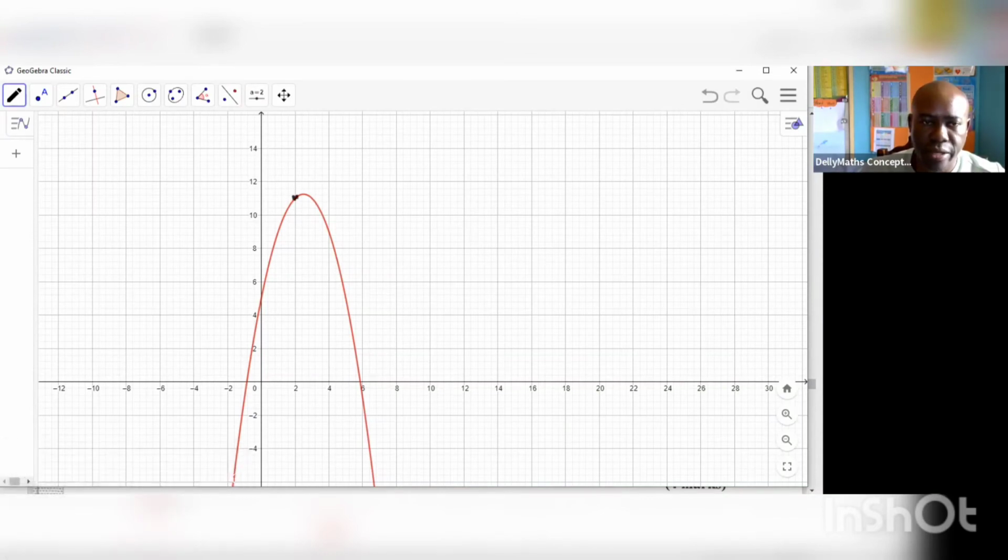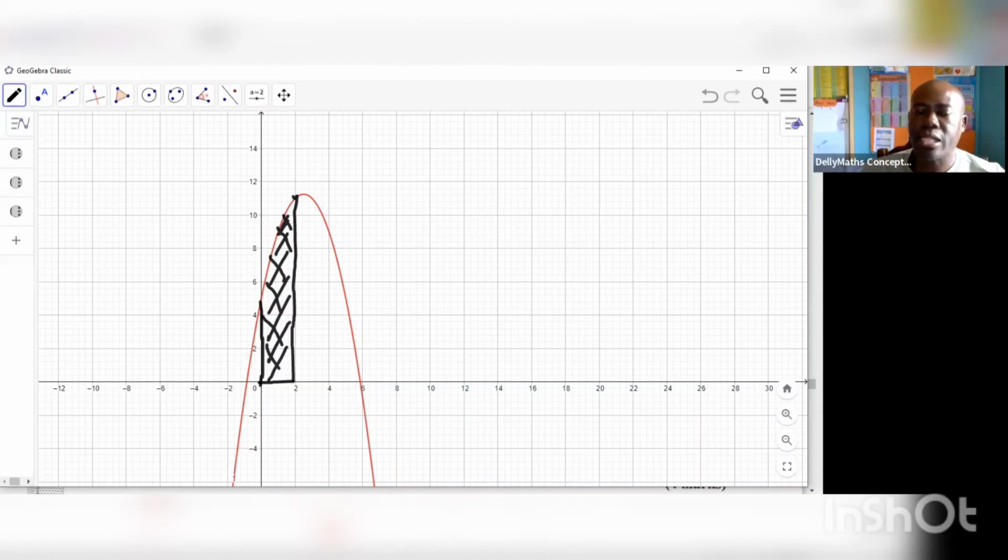And the y-axis is where x is 0, and here is the x-axis. So we are actually trying to find this area here. This is what they want us to find.